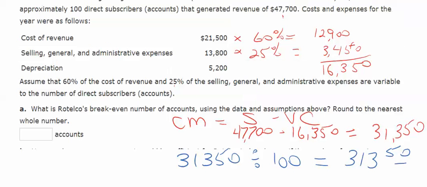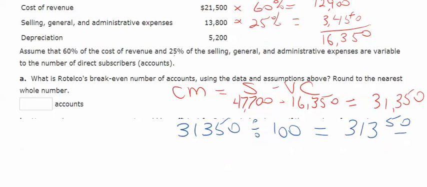So now I need to figure out my fixed costs. I'm calculating my fixed costs. My cost of revenue, $21,500, minus the portion which is variable, which was $12,900.